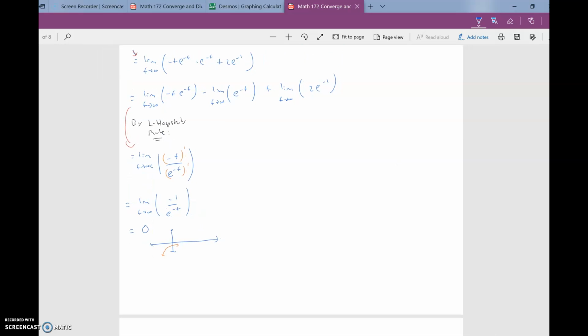Your second one, so this will be minus the actual limit as t approaches infinity of e to the negative t. If I'm just looking at this portion, this one is actually going to come in this direction. With the negative, it's going to look exactly like the previous one. So this one's going to also be 0, or I'll just rewrite it as minus 0.